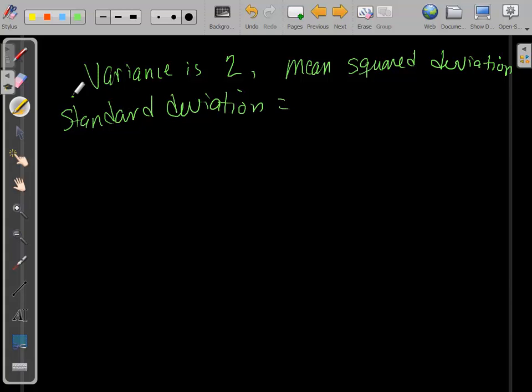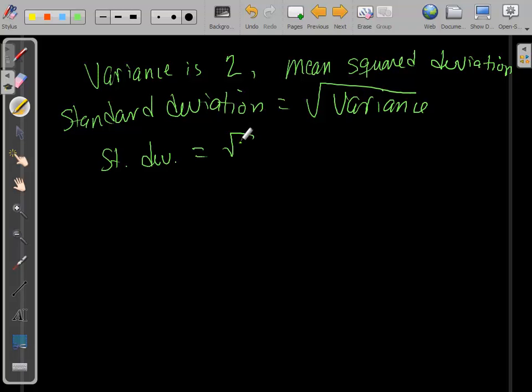As the name implies, the standard, meaning like the base or the average deviation, we're going to go from the square down to the regular by square rooting. So we're going to take the square root of the variance. For us, the standard deviation, and I'll shorthand it like this, is equal to the square root of 2, which is approximately 1.41.